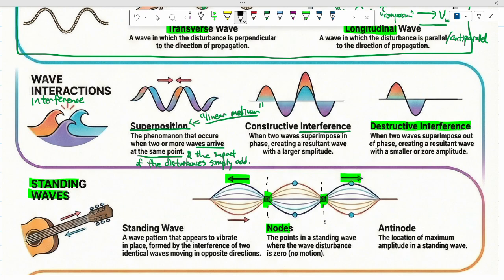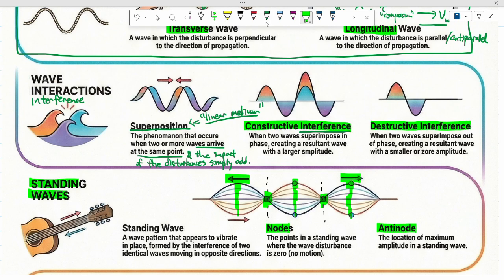That's where you get destructive interference, you get nodes. And the places where you get constructive interference are what we call antinodes. It's these spots here. That's where you get the most disturbance.